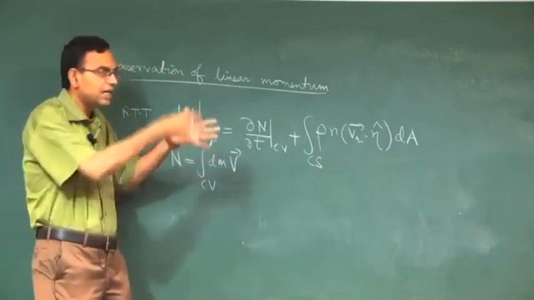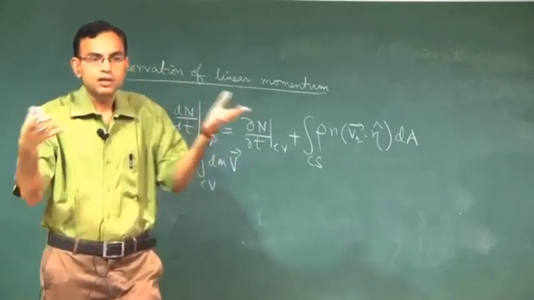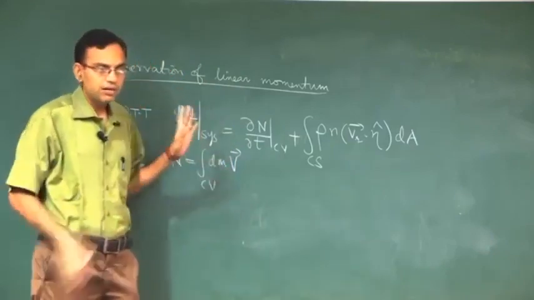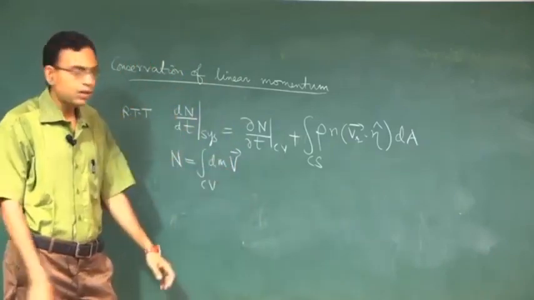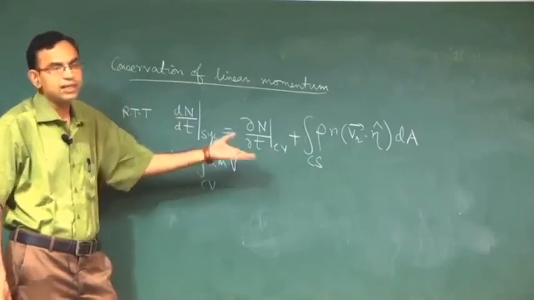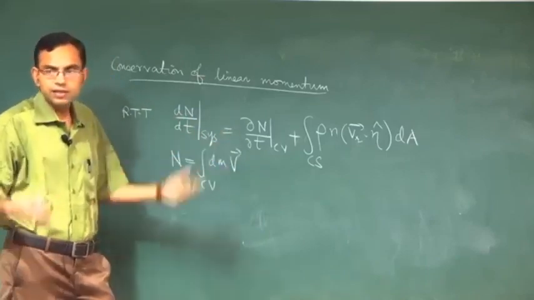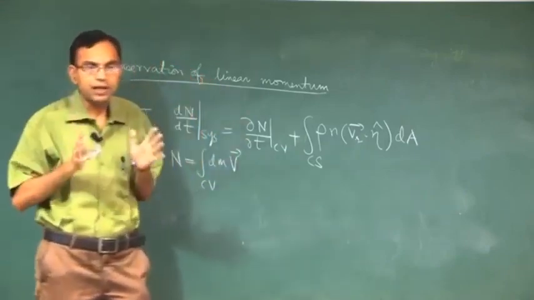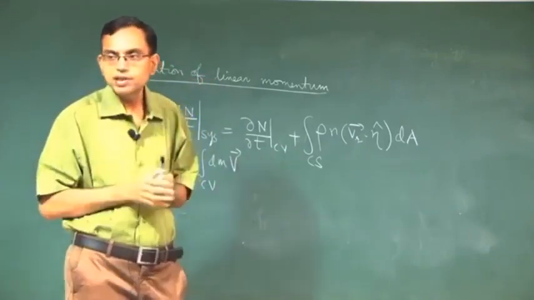So, it is not that the entire system is having a common velocity. That is why this integral form is the more fundamental way of writing it, although if you write it as mV, not that the sky is falling on your head, but you have to keep in mind that this is what you essentially mean.